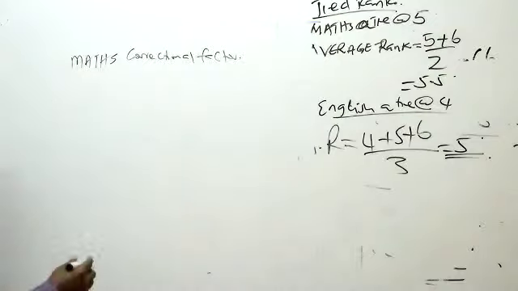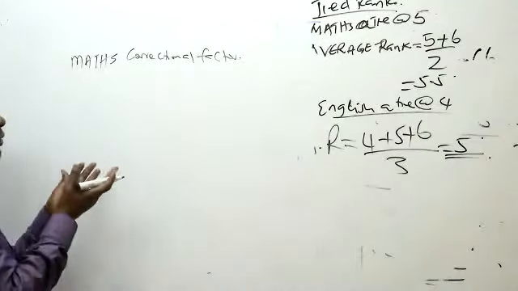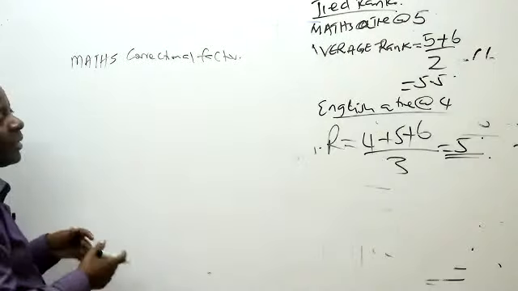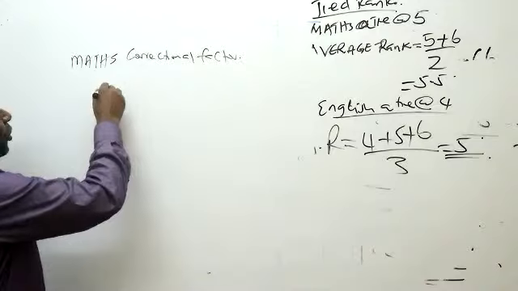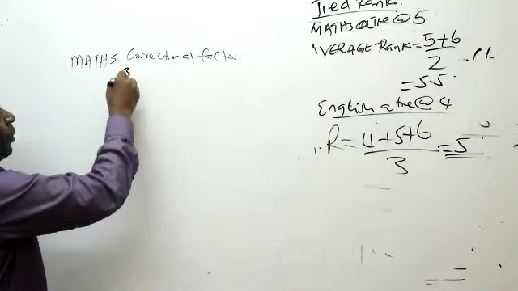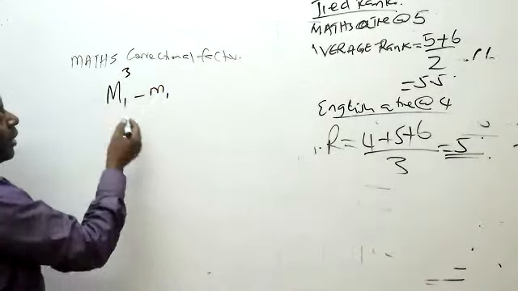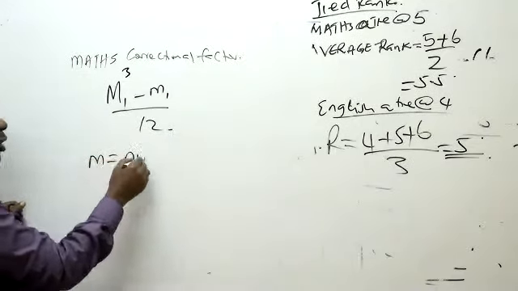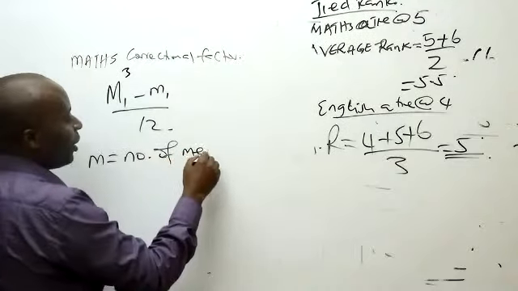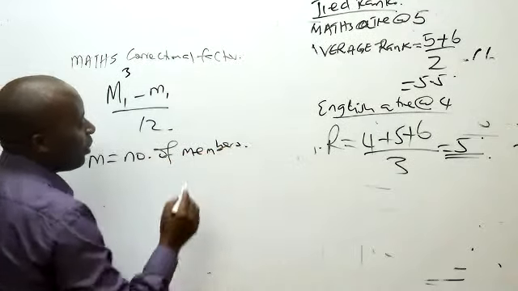The formula is not very nice, but it's something you just have to master. So the correction factor, we normally talk of m cubed minus m divided by 12, where m stands for number of members.